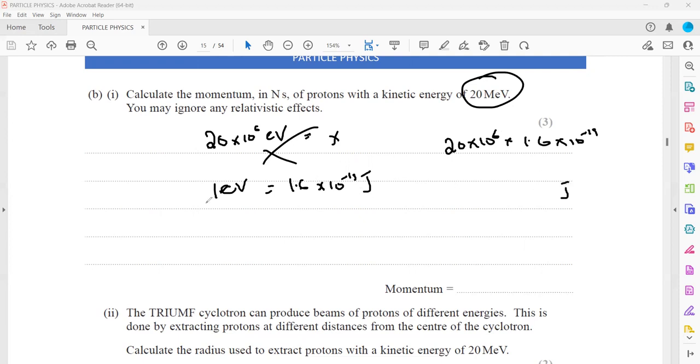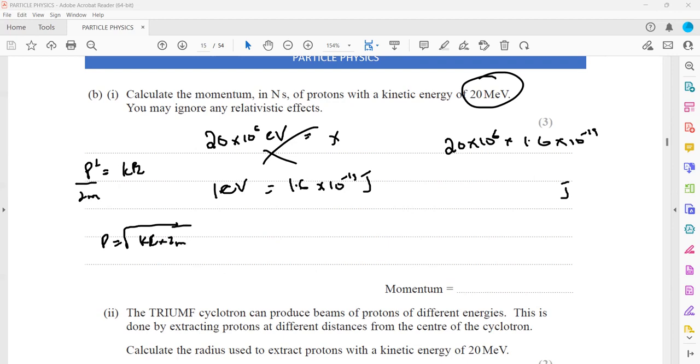Now, what is the relation between momentum and kinetic energy? Remember, if you remember that formula which relates the momentum, K is equal to P squared over 2m. The kinetic energy, EK or KE, is equal to P squared divided by 2m. So if I need momentum, it will be the square root of the kinetic energy multiplied by 2m.